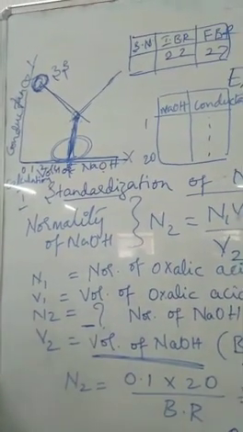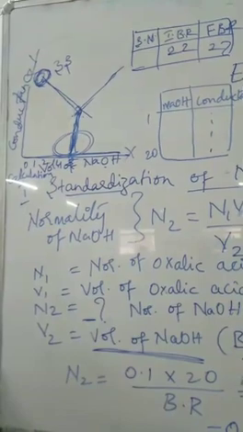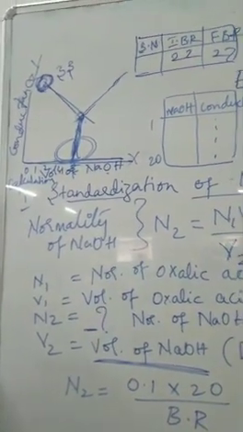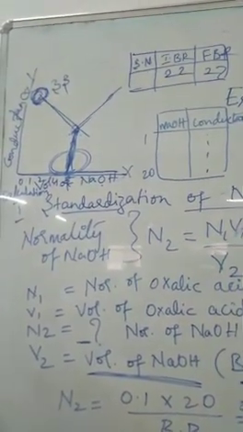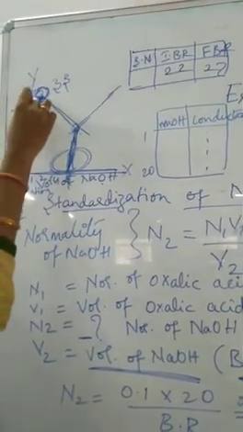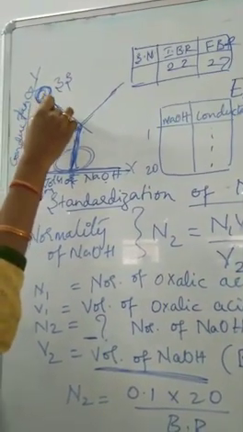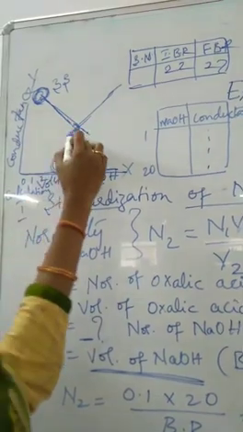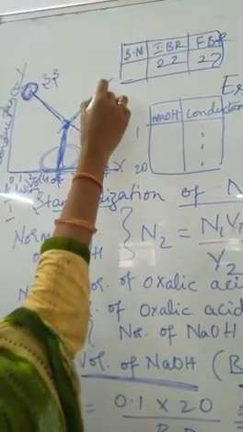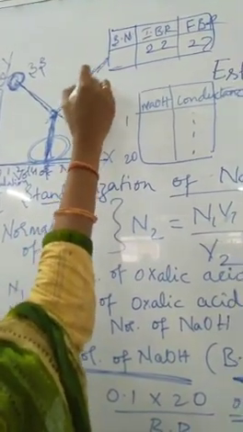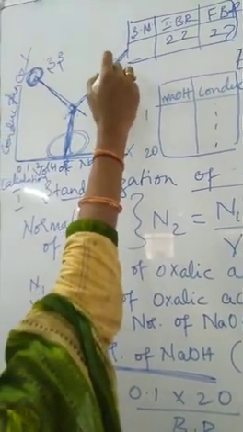As we add 1 ml of sodium hydroxide, for each addition we measure the conductance. There is a gradual decrease in the conductance values, and then again an increase.